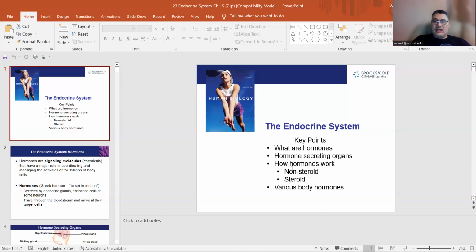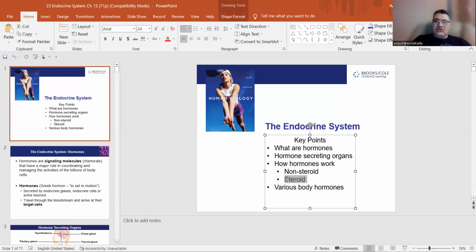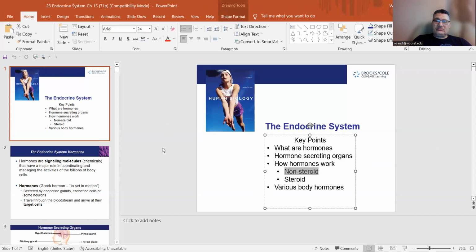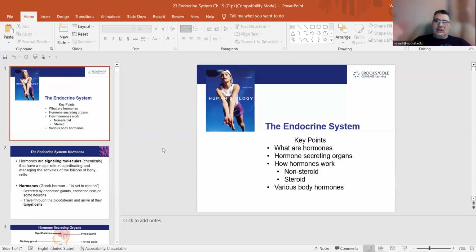And according to the chemical nature of the hormone, we are going to divide it into two different types. Steroid, which is a type of lipids or fat, and non-steroid, which is anything else. But most likely it is protein or amino acids. Why is that important? We will discuss it.